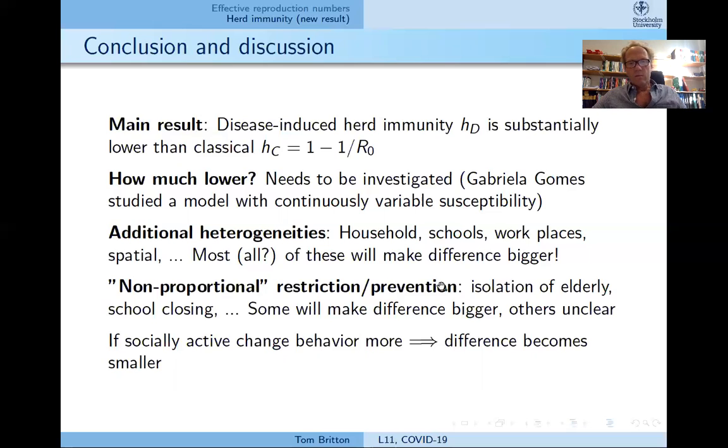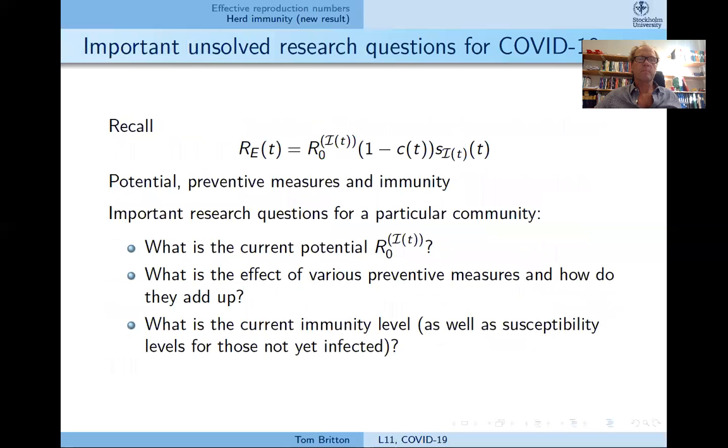You can also think of that school closing affects mainly people in high school, so they reduce their contacts more than younger children, for instance. And also 70 plus people have been encouraged to isolate themselves, so maybe they reduce their contacts to a bigger extent. So what happens then? That is a more complicated situation that we have not studied, and I don't even know the overall effect of that.